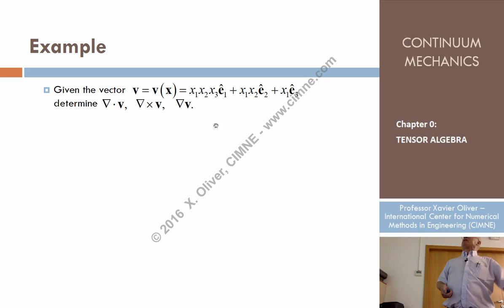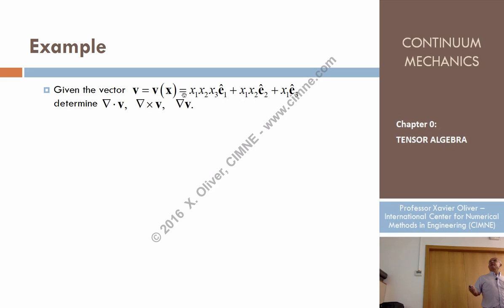That is an example. You can do that. For that, I strongly recommend you to take this and do these operations yourselves. For instance, what would be the divergence of this vector, which is the dot product?